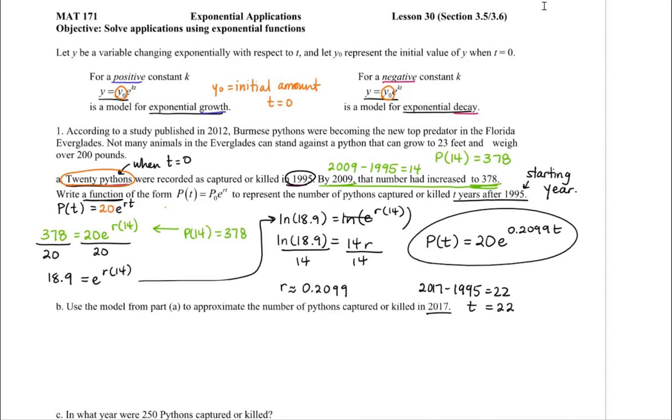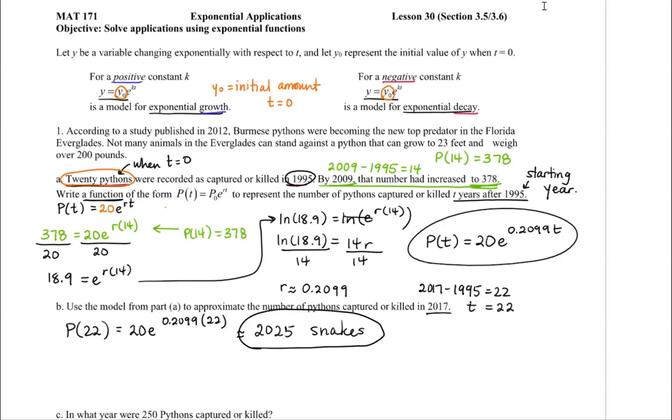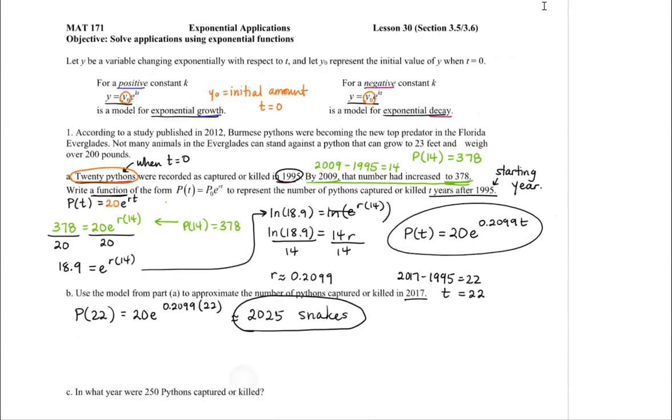So we plug 22 into the function: 20 times e to the 0.2099 times 22, which gives approximately 2,025 snakes captured or killed in 2017. Notice I rounded that to a whole number because we are talking about snakes.